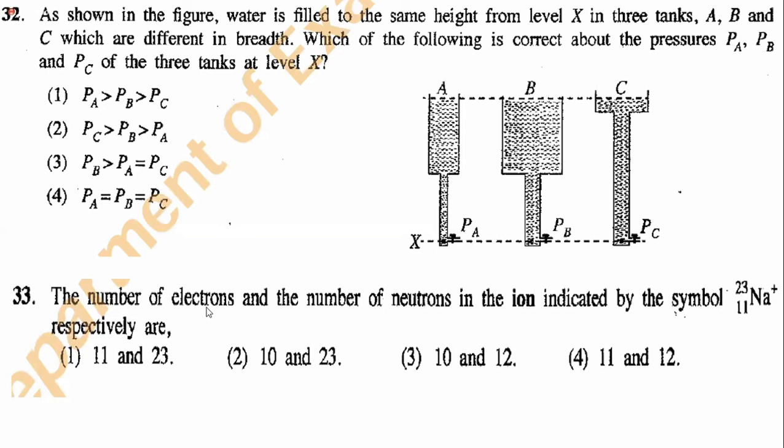What can you say about the balance? 17 plus and 18 minus, so 1 minus. That's why we write the Cl minus ion as Cl minus. This is the reason.